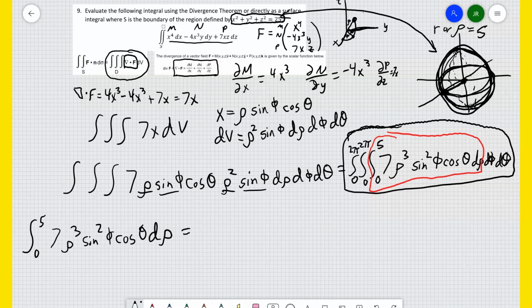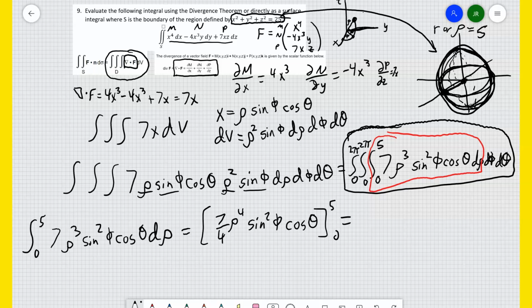That's going to be 7 rho to the 4th over 4 sine squared phi cosine theta, evaluated from 0 to 5. I'm just plugging in 5 for rho and then 0 for rho. When I plug in 0 for rho, I know that's going to be 0 anyway, so really just plugging in the 5 is all I need to do.